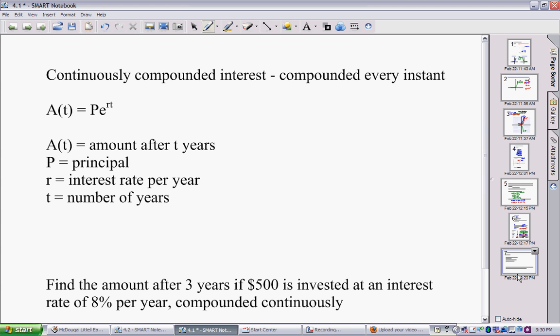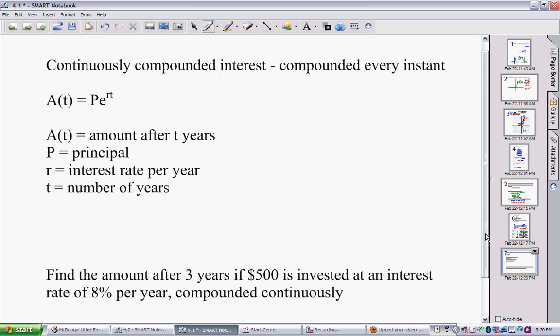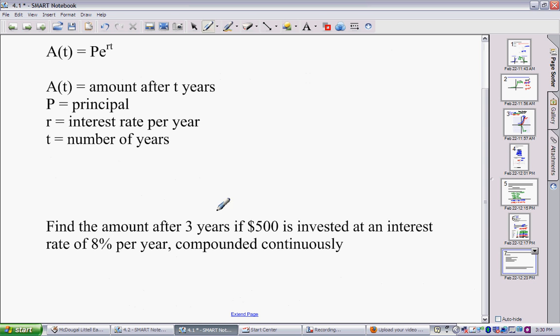So we're going to use the same scenario, except it's compounded continuously. So t is 3, P is 500, r is that 0.08. Plug all of this into our formula. A of t equals P times e to the rt.